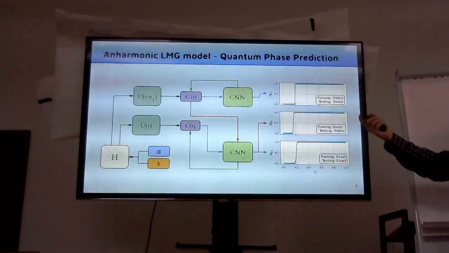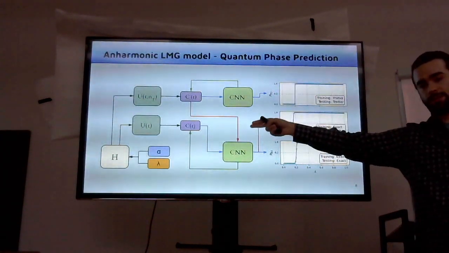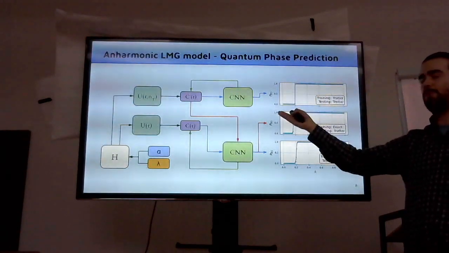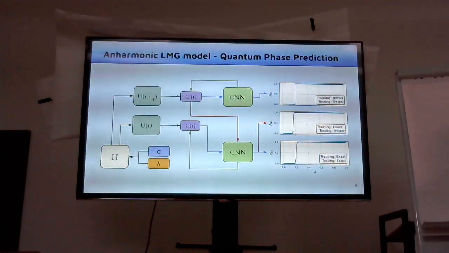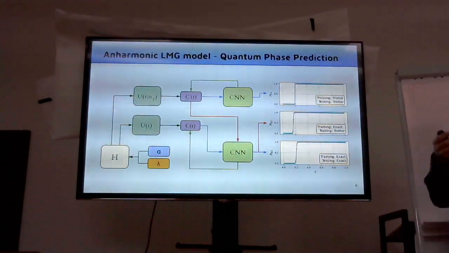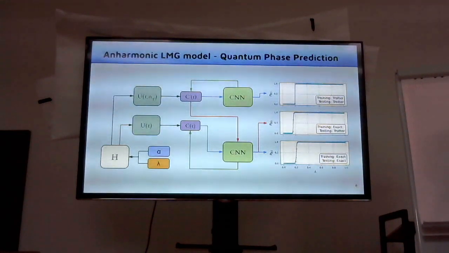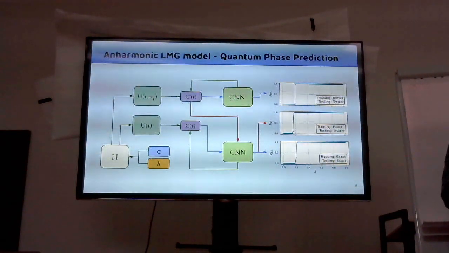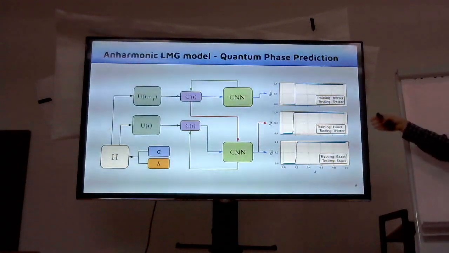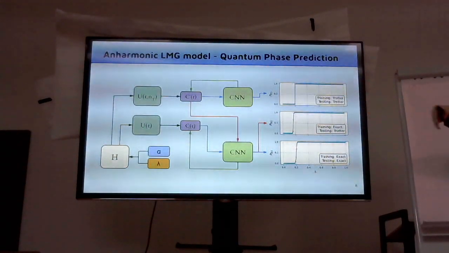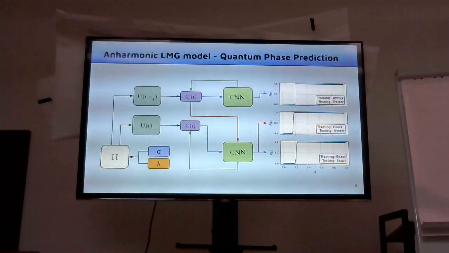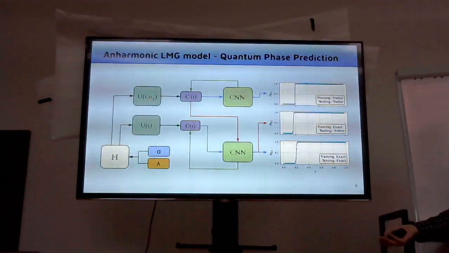And when we train with the wrong evolution and then test with that evolution, which is the one that we would presumably measure in a real quantum simulator, we actually get a perfect prediction. It even looks better than the regular one.